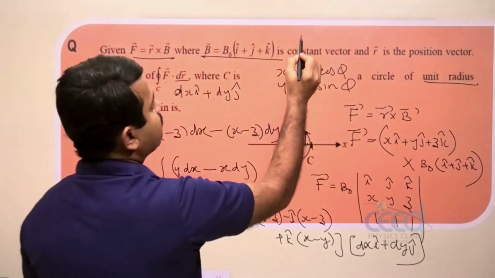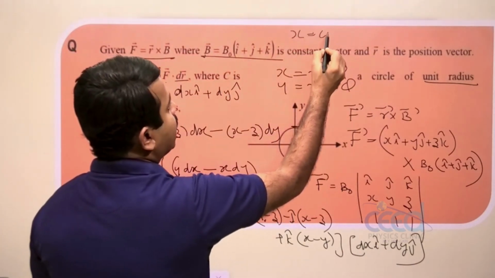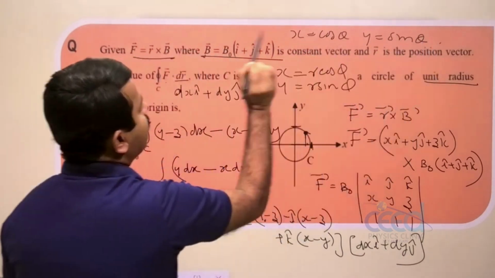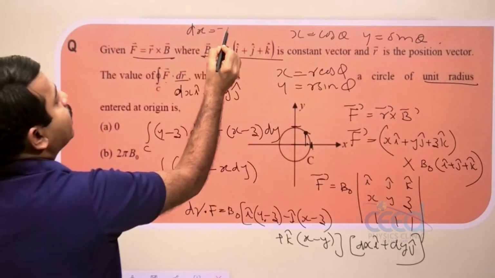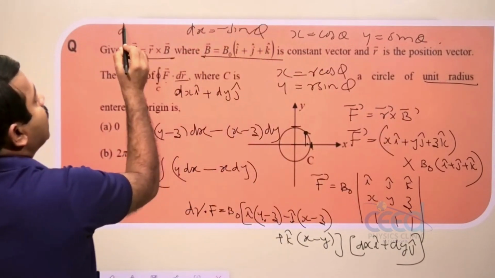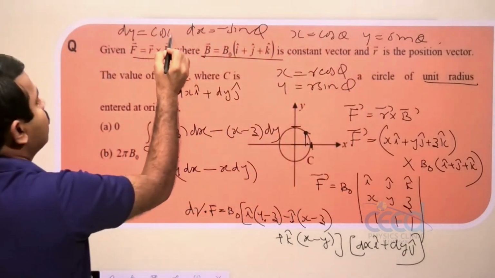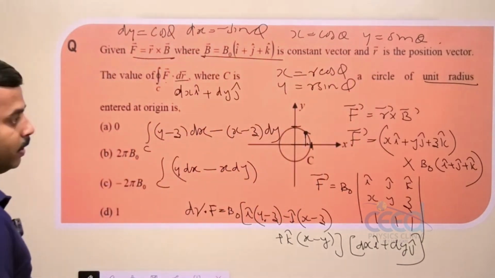Then x is equal to cos theta, y is equal to sin theta. Then dx is equal to minus sin theta, dy is equal to cos theta, right? Now substitute that value here, alright?